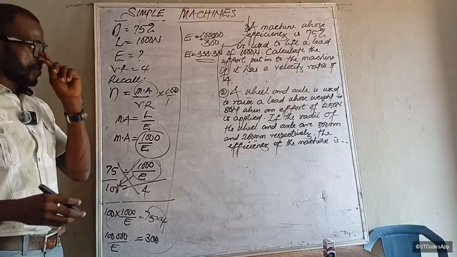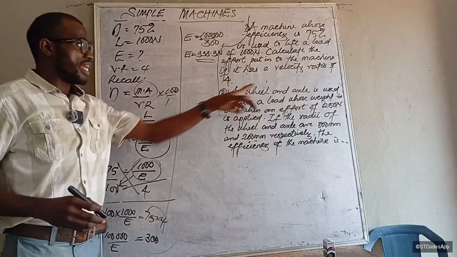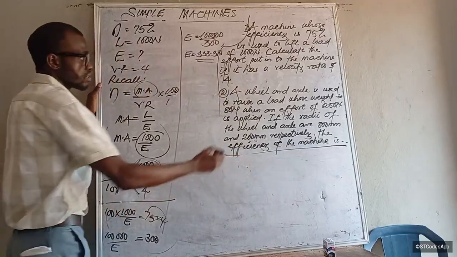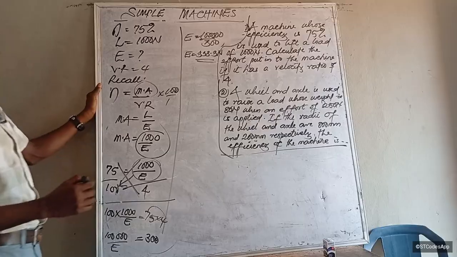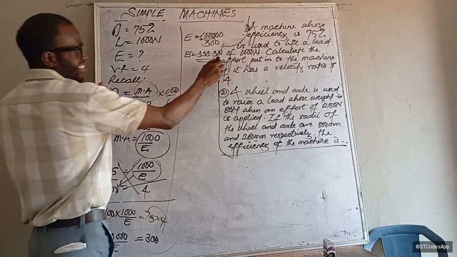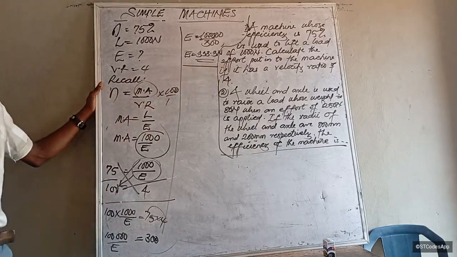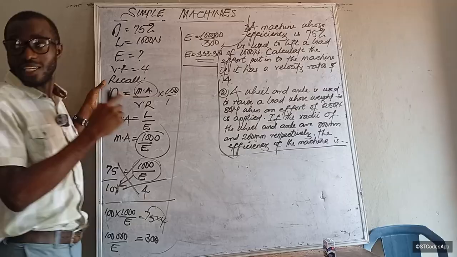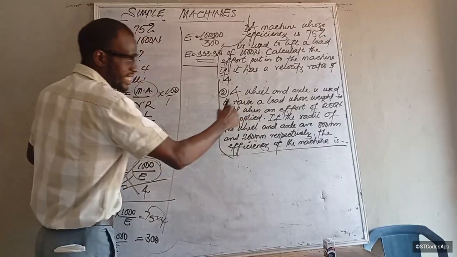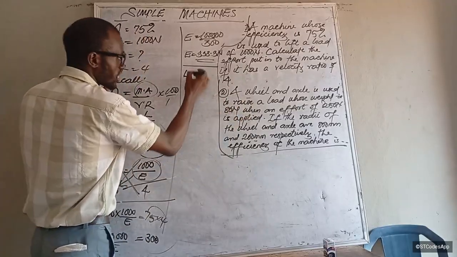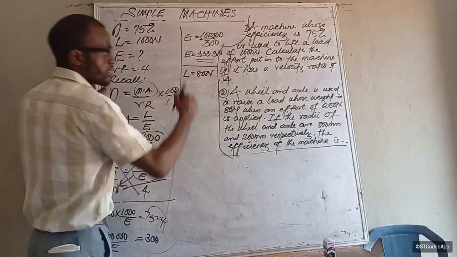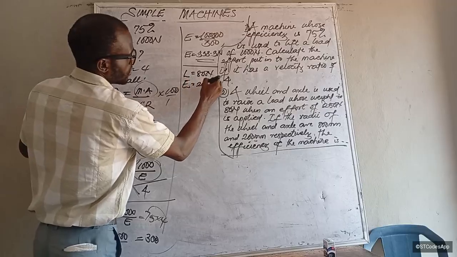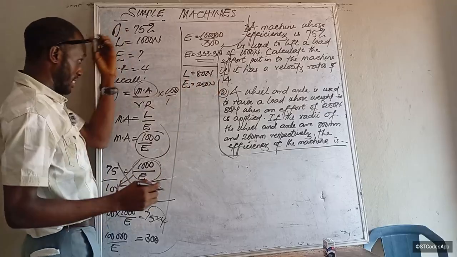For the second one, a wheel and axle is used to raise a load whose weight is 800 Newton when an effort of 250 Newton is applied.